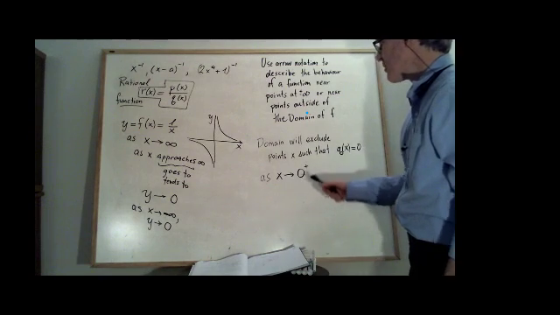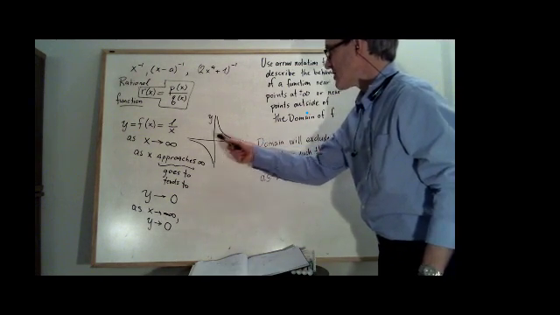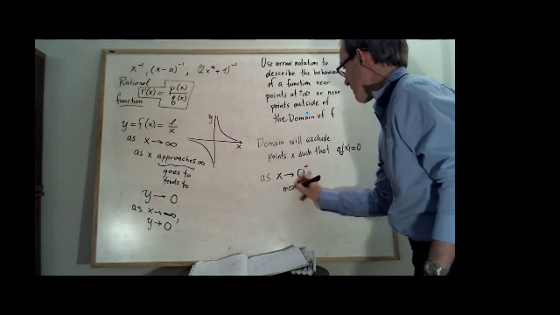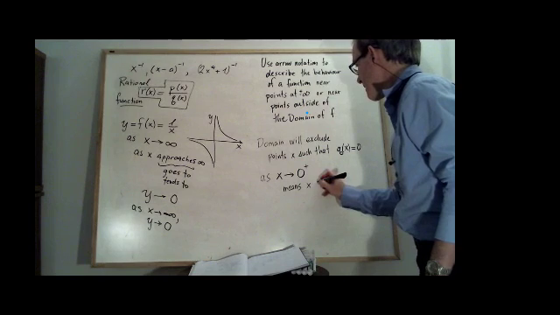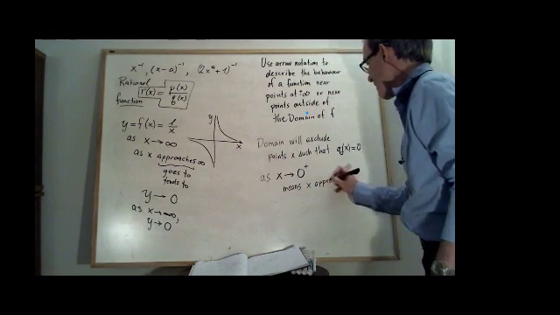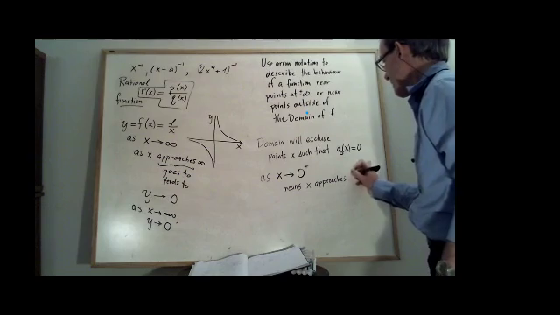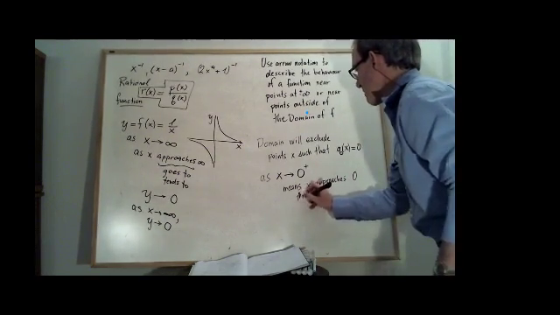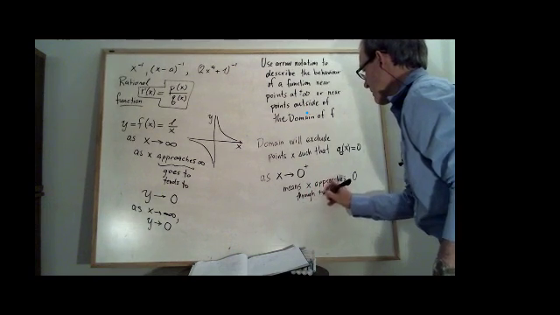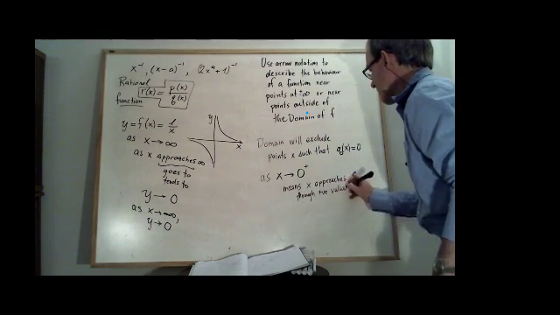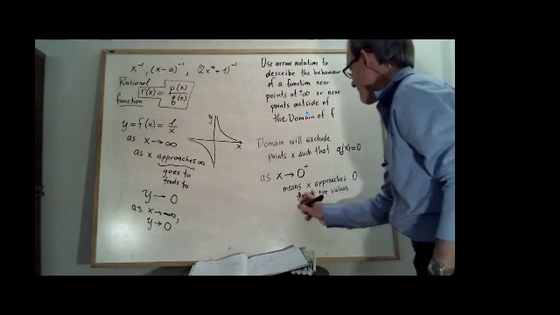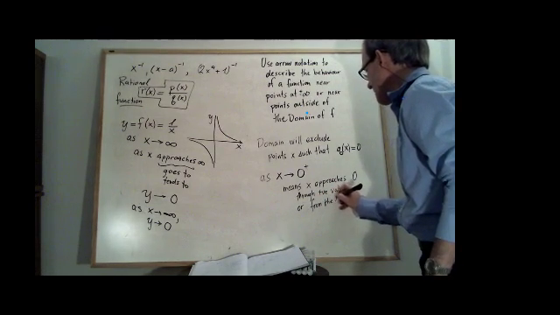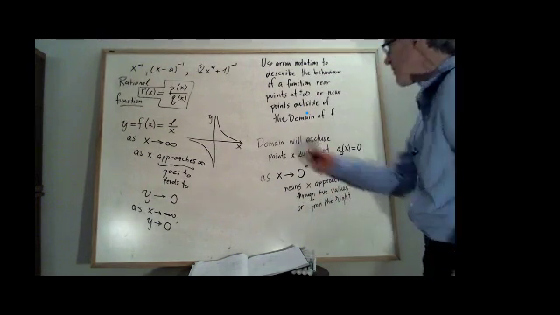So x goes to 0, but it approaches along positive values only. It approaches 0 through positive values, or from the right.